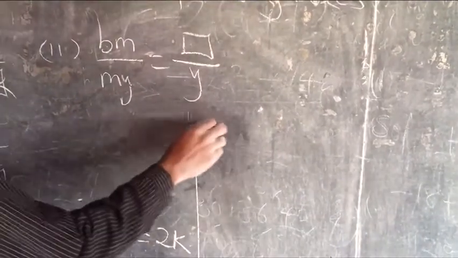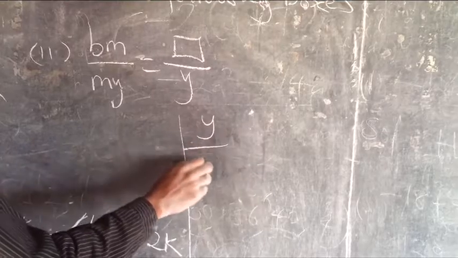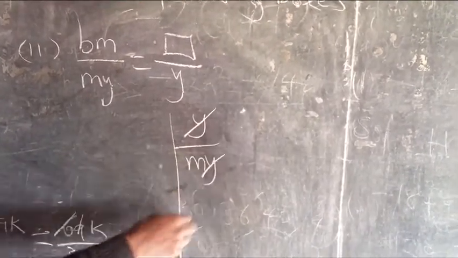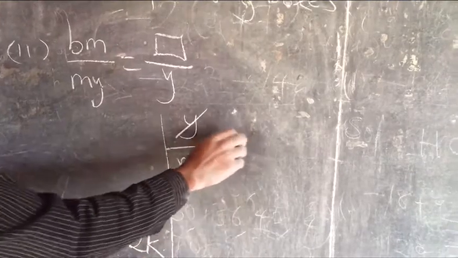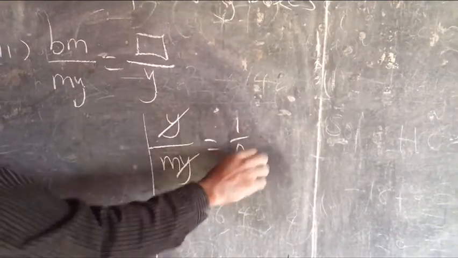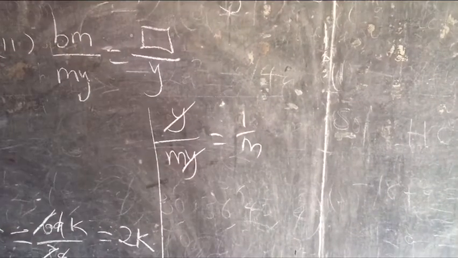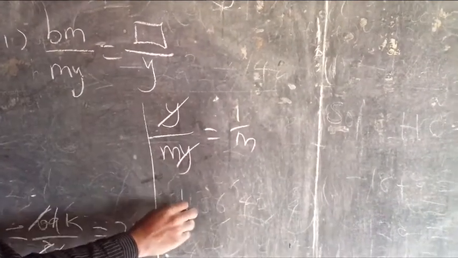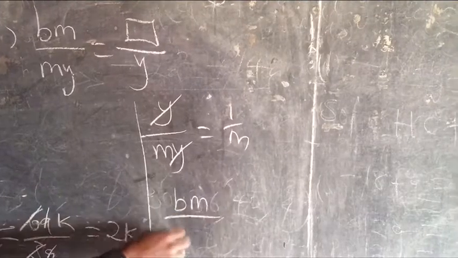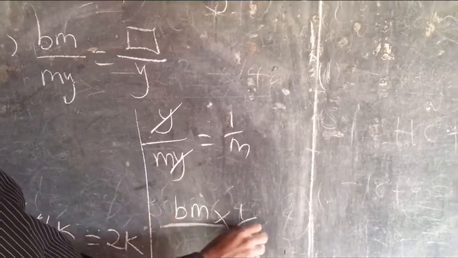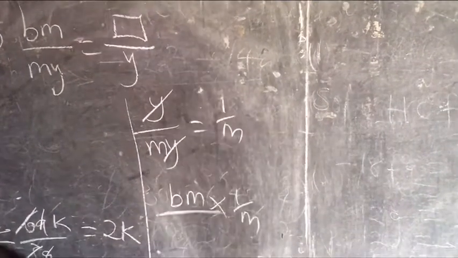So we pick y, divide by my. So we'll cancel this one, we'll cancel this one, abi? We'll get 1/m, abi? Then 1/m, we'll use and times this guy. So we'll get bm times 1/m, abi?